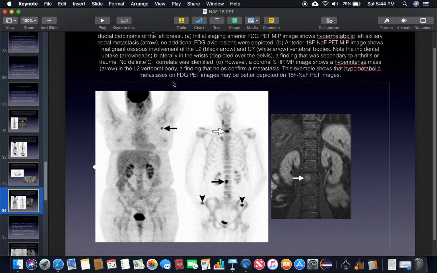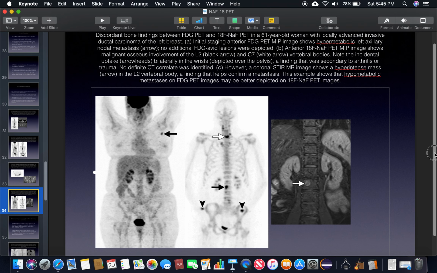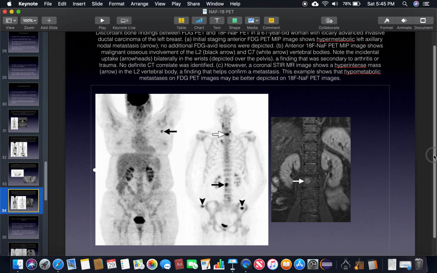It is important to remember that there may be discordant findings between FDG PET and sodium fluoride PET. And again, this is an example where you see there is hypermetabolic left axillary nodal mets on the FDG PET, and there are no bony lesions identified, whereas with the sodium fluoride, you're seeing multiple other lesions, and this tells you that sodium fluoride can pick up far more lesions compared to the FDG PET.